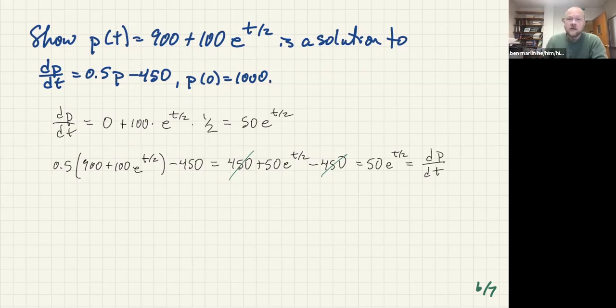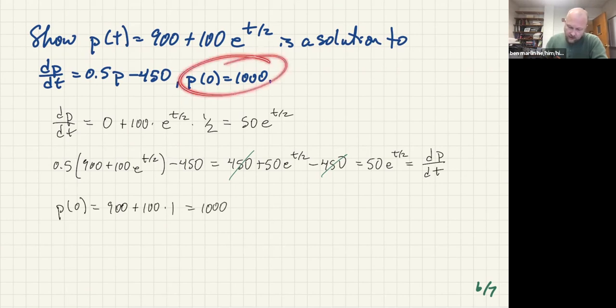So yes, we have a solution to the differential equation portion. Now we check p of 0, we're just plugging in here: 900 plus 100 times 1 is 1000, and that is in fact what we have here. So we have confirmed or verified or shown that we have a solution to that.